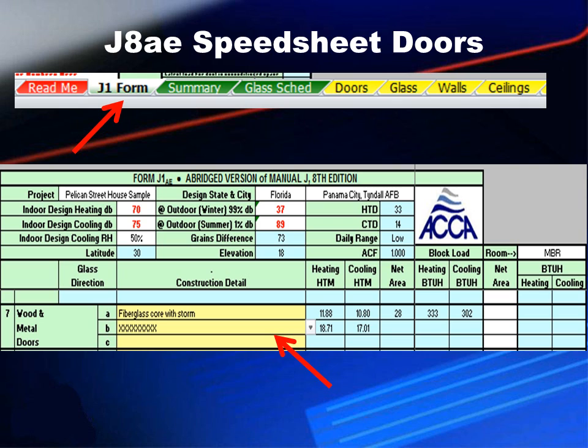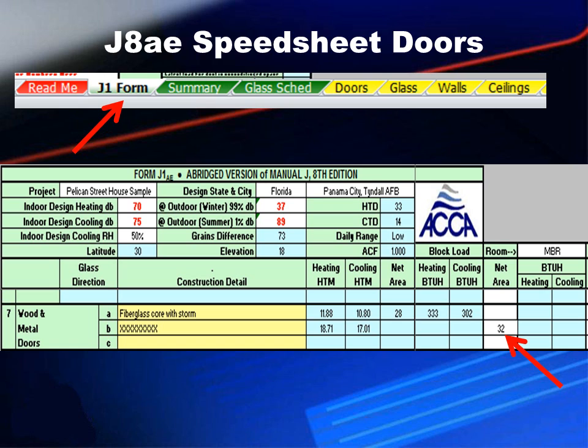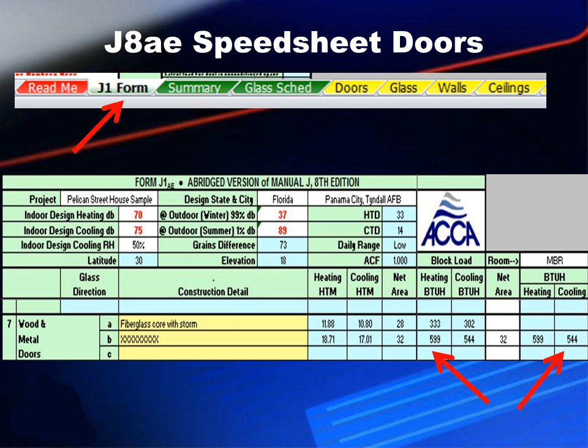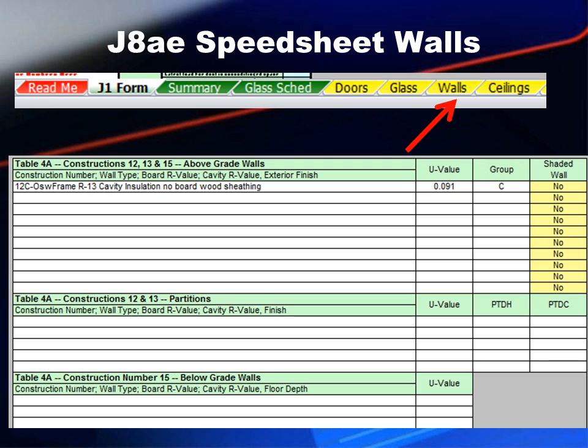The rest of the blue will be entered after we fill in the net area for the door. Here I've selected 32 square feet for the net area of the door. So we end up with 599 BTUs per hour heating and 544 BTUs per hour cooling based on our HTM numbers for heating and cooling. Now we move a little further to the right on our scroll bar at the bottom, and we click on walls, and up pops the wall worksheet.